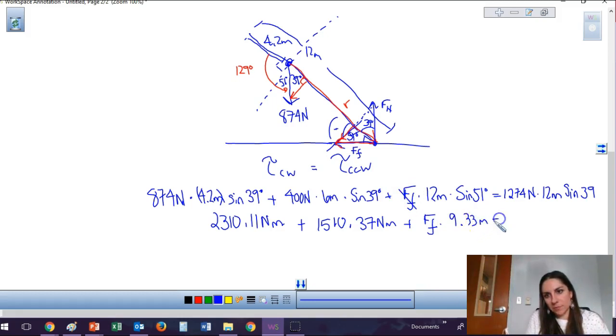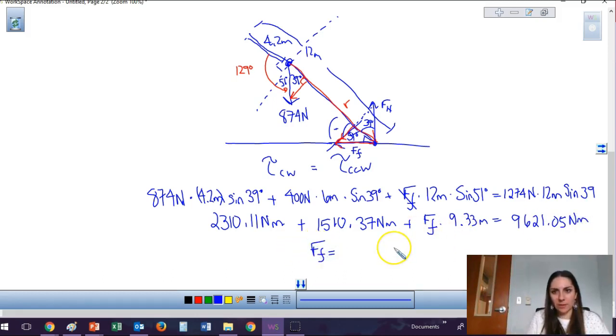This is in meters. And then we'll do this whole side: 1274 times 12 times sine 39, which gives 9621.05 newton meters.